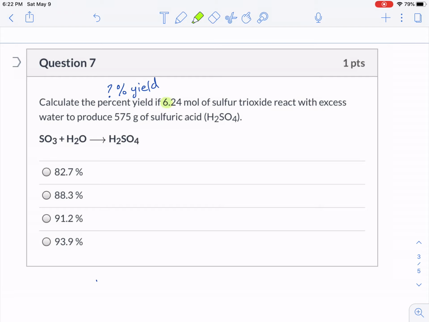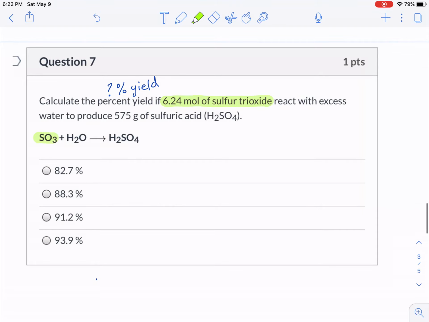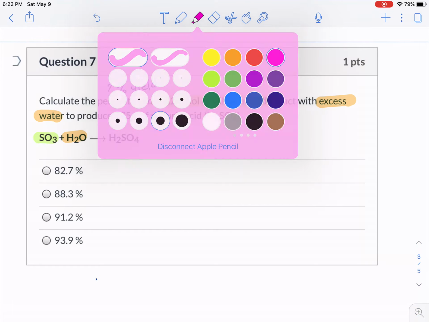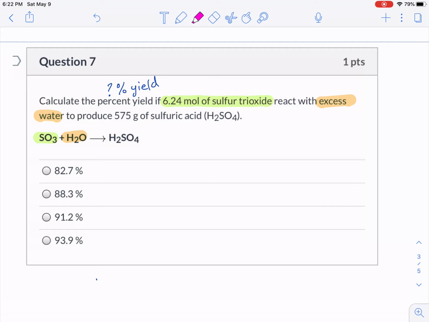We are given 6.24 moles of sulfur trioxide. Let's identify where sulfur trioxide is in our equation. It reacts with an excessive amount of water. We have that right there. And then finally, we're producing 5.75 grams of sulfuric acid. Here is our product.